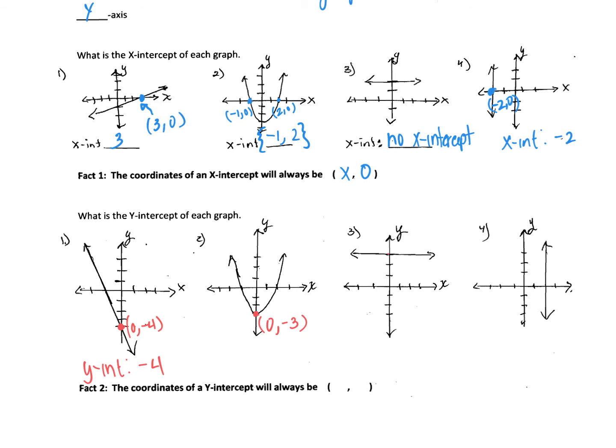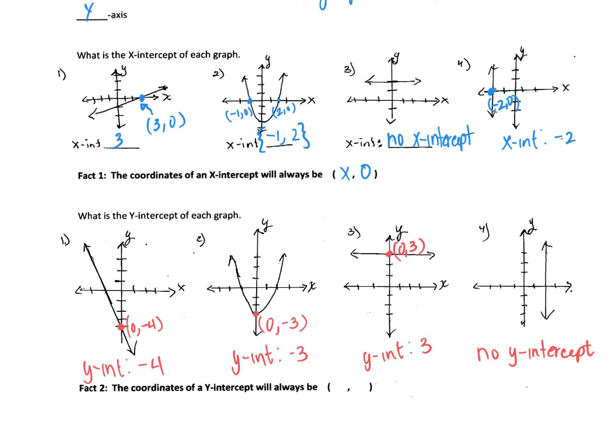Number 3, my graph touches up here at +3, and so that's (0, 3). So the y-intercept for number 2 is -3. The y-intercept for number 3 is +3. And looking at number 4, this vertical line doesn't touch the y-axis at all, so there is no y-intercept.